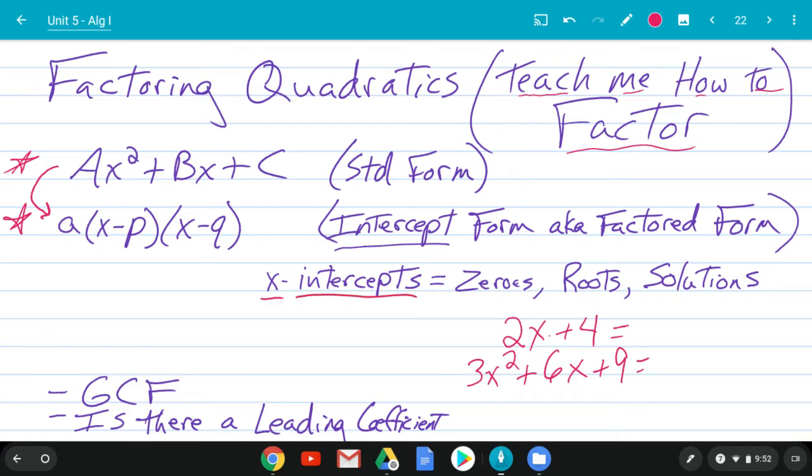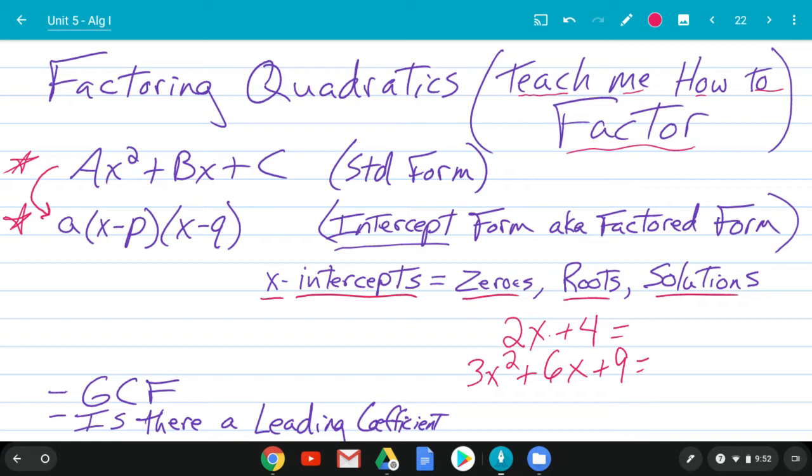Remember, our x-intercepts are the opposite of what we see in the formula. The factored form allows us to see our zeros, roots, or solutions. Remember, x-intercept, zero, root, solutions all mean the same thing.